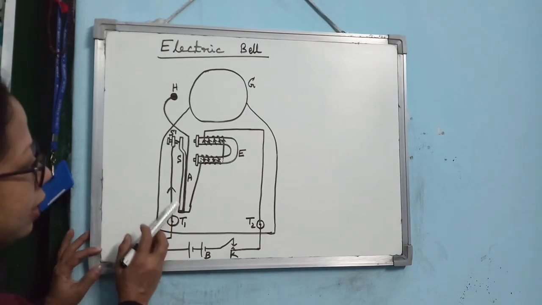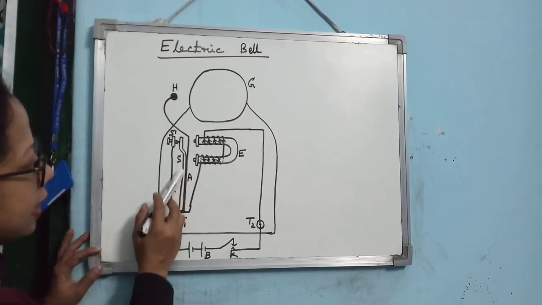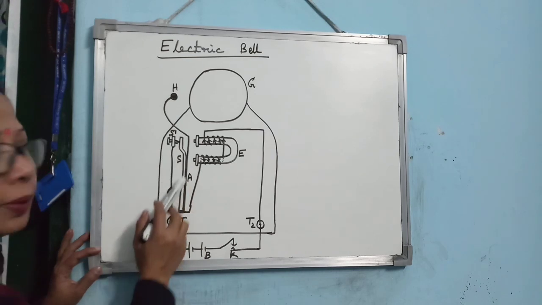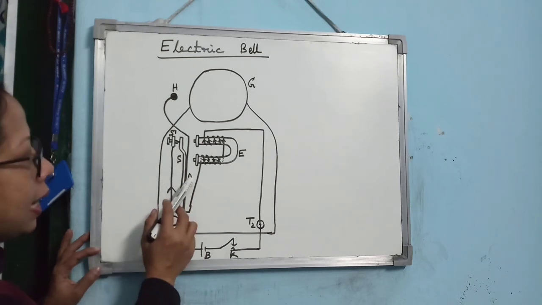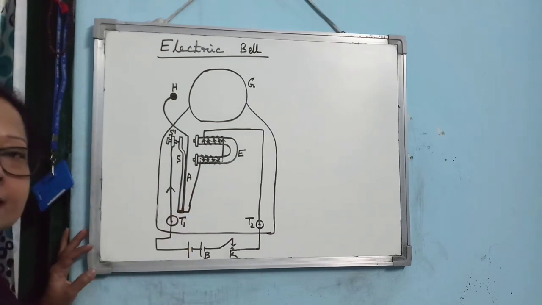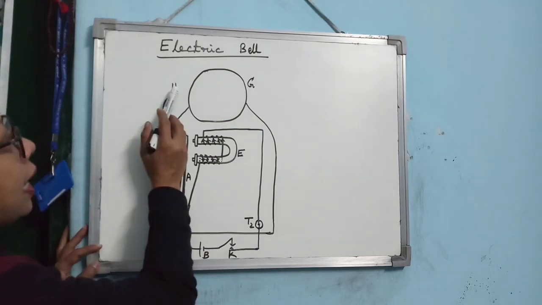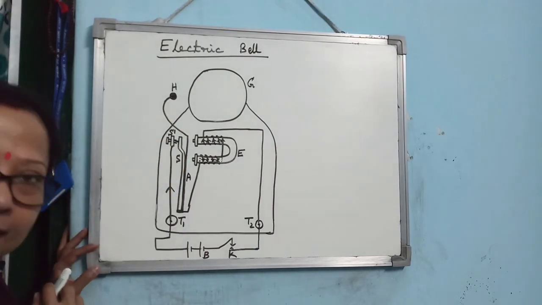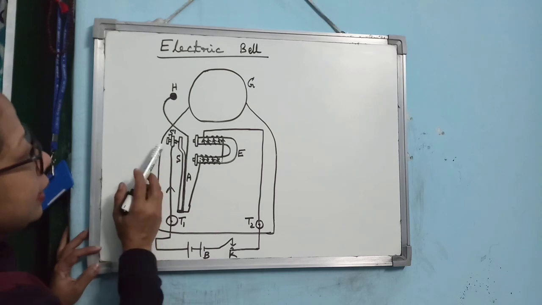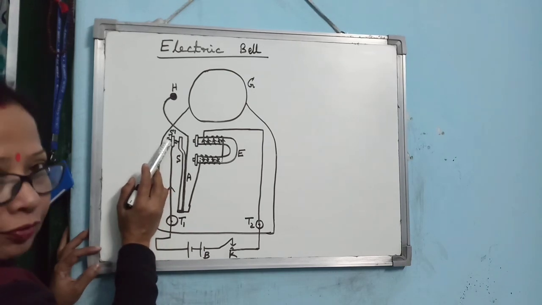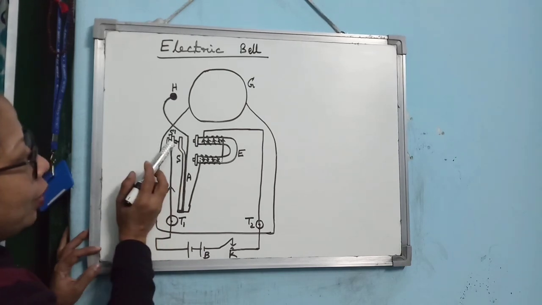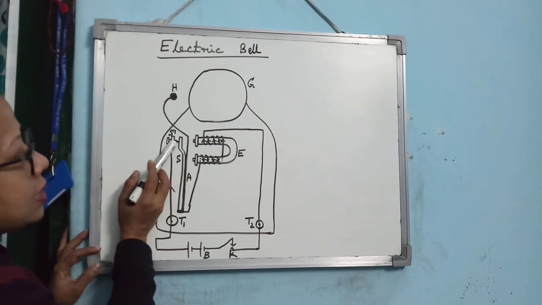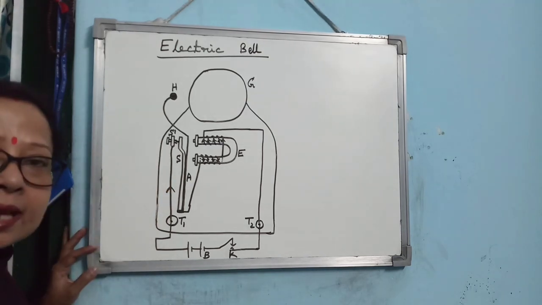One by one I am saying. First is S. This S is a metallic strip. With the metallic strip, A is connected, that is the armature. At the end of the armature is H, that is the hammer. Then after this metallic strip, there is an adjusting screw that is termed S dash.